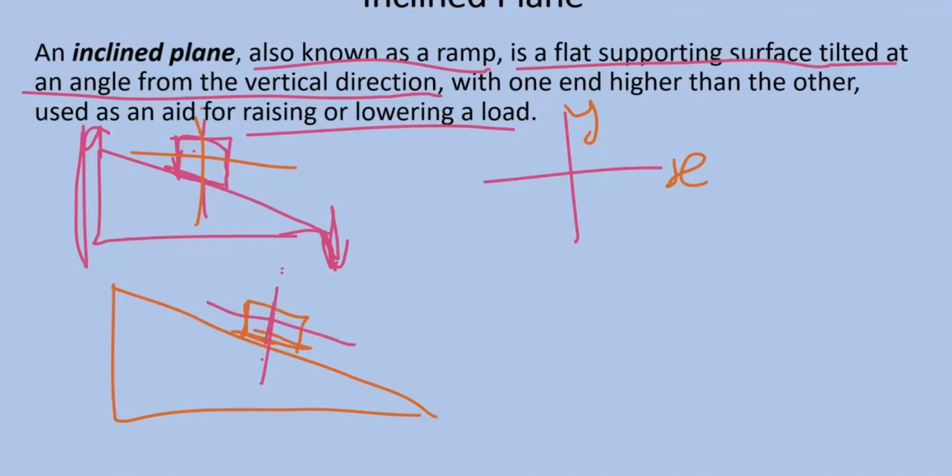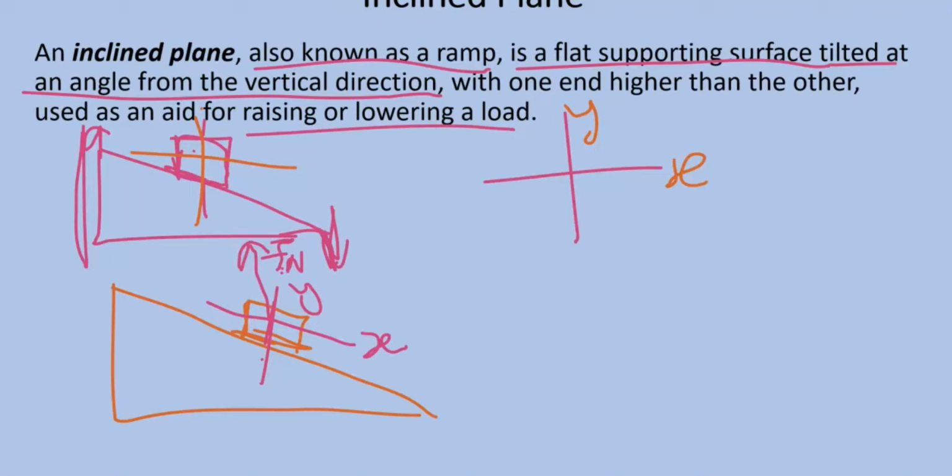For this object, the normal force of the object is here. This is the Fn. That's the normal force of the object, which is between the X and the Y direction. This is the X, and here is the Y. And the normal force is in between the X and the Y direction.